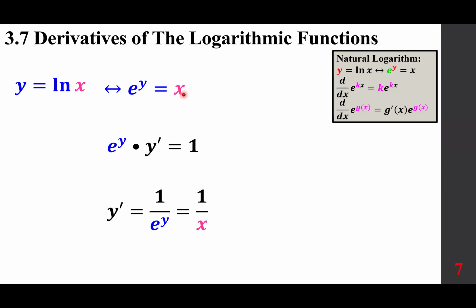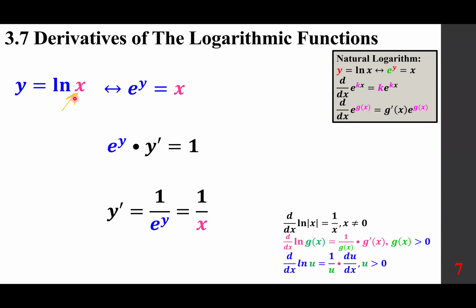So what we proved, when y equals ln x, its derivative just flips over the argument of the natural log. So what happens? d dx of ln of absolute value of x is 1 over x.